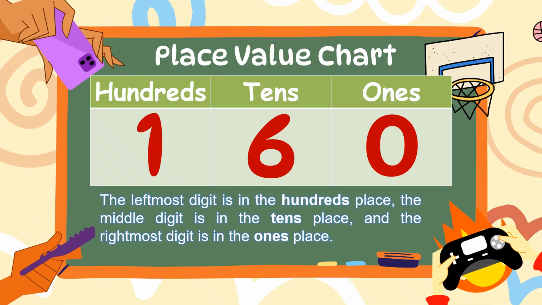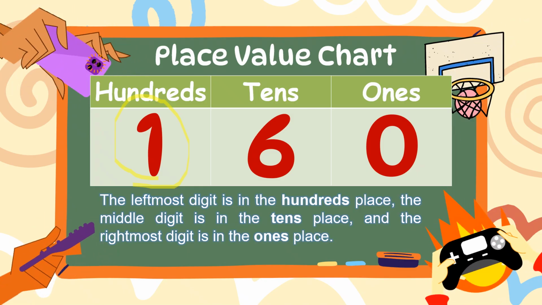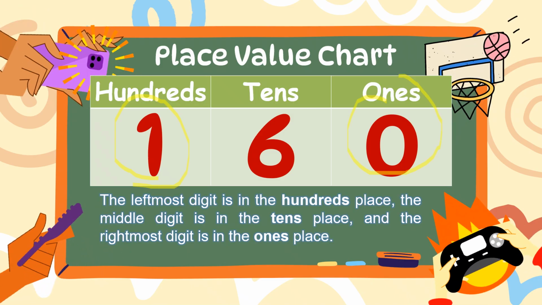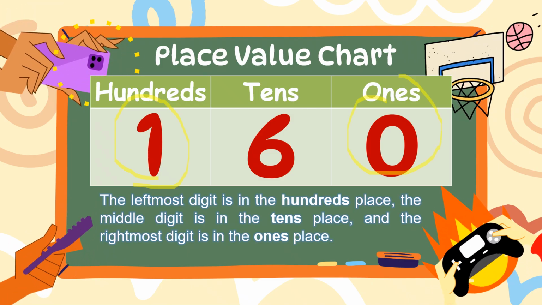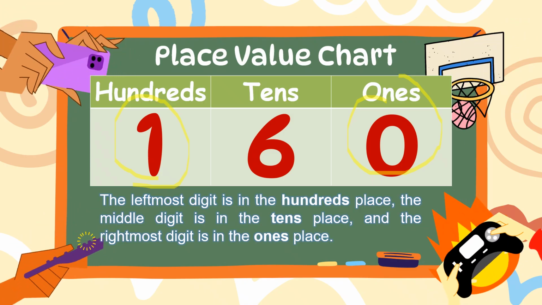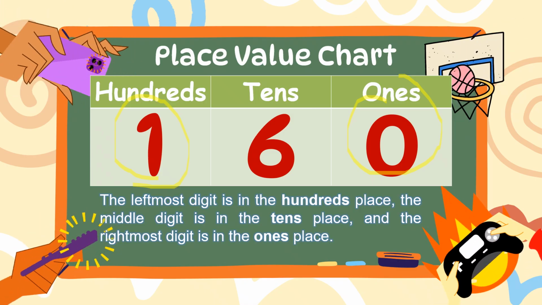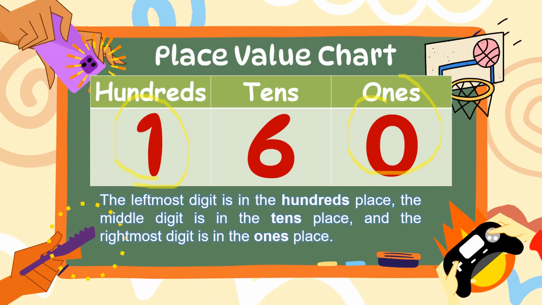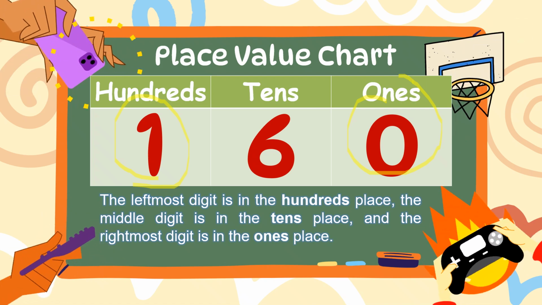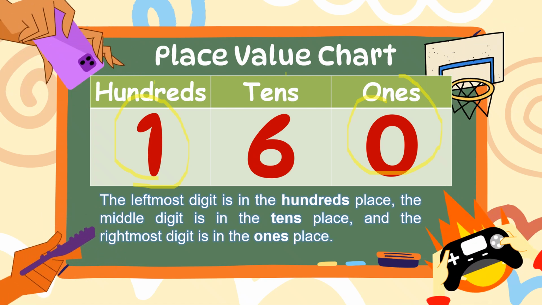The leftmost number in a 3-digit number is in the hundreds place, while the rightmost is the ones. Why did we say rightmost? Meaning it's on the very right, at the end of the number. So this is the right and this is the left, while this is the middle.